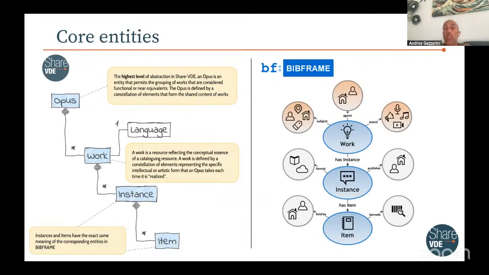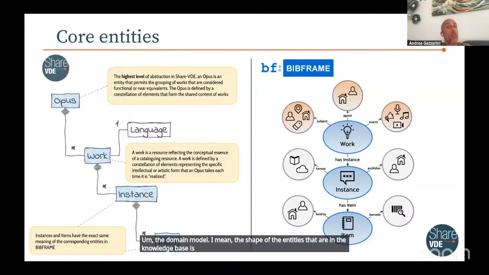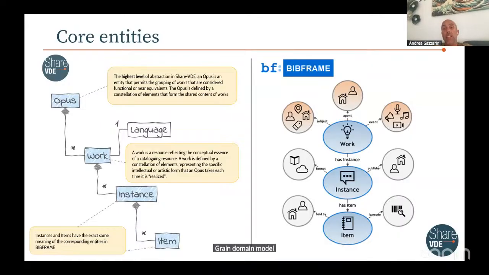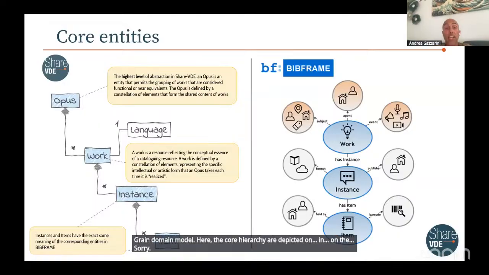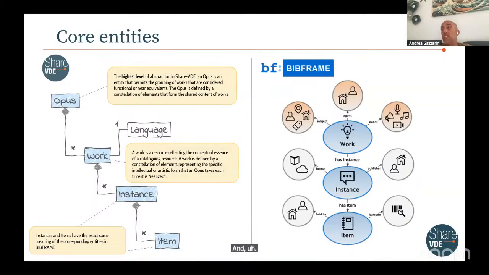The domain model, the shape of the entities that are in the knowledge base, is very close to the BIBFRAME domain model. Here, the core hierarchy is depicted on the left, and you can see that it's very similar to the BIBFRAME hierarchy.